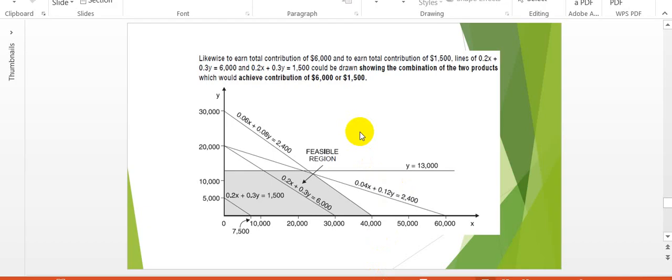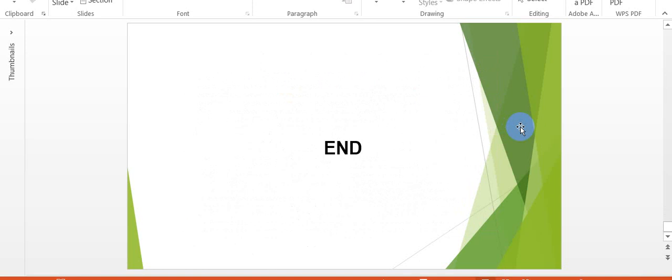When the exam was paper-based, the examiner would provide graph paper and require you to produce the graph. They would require you to draw the isoline and the feasible region, but now the graph will be given to you, and all you need to do is identify the regions, label them and be able to explain.